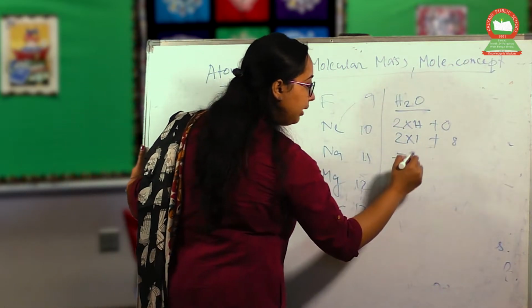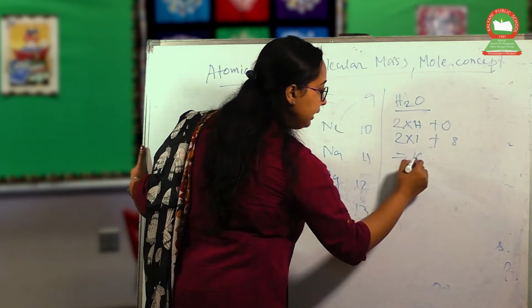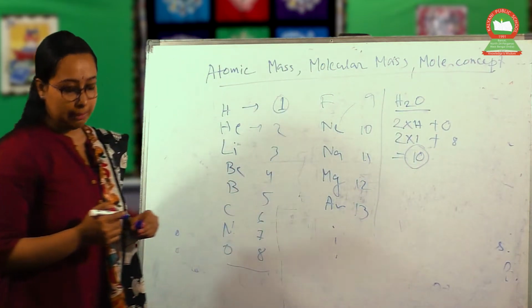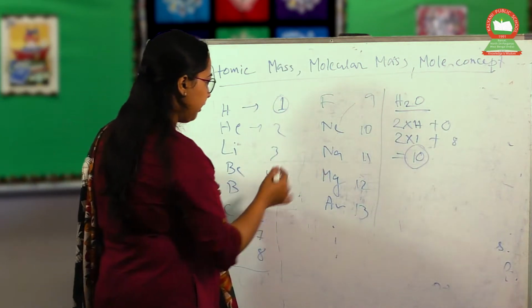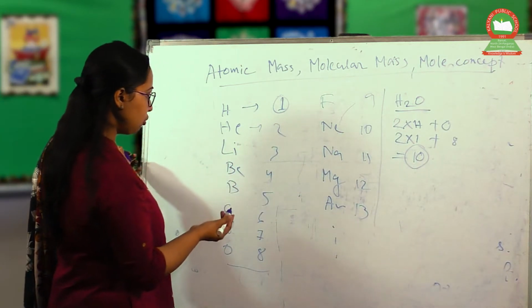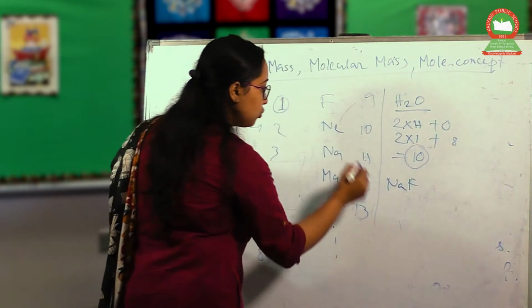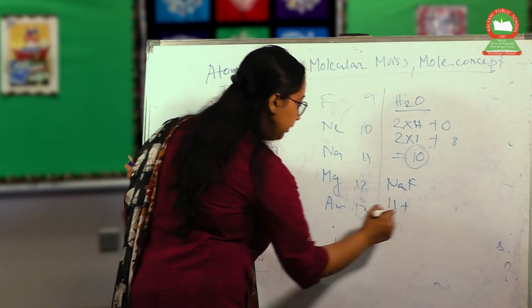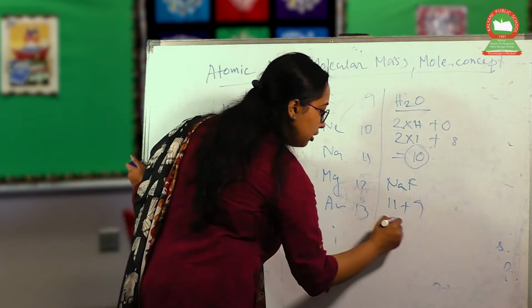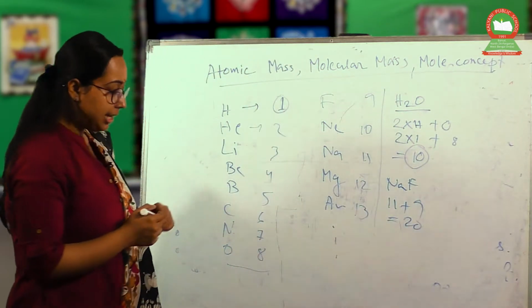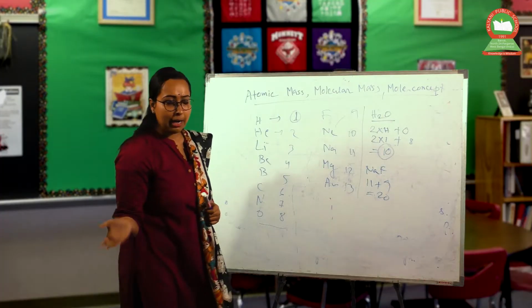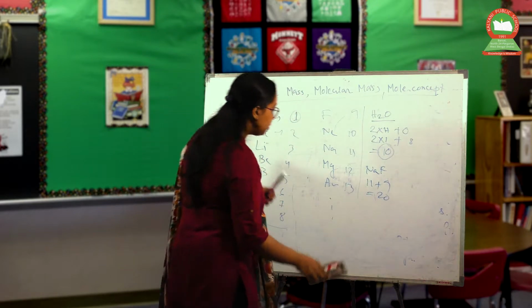So, 2 plus 8 will be 10. So, this is the molecular mass of H2O. Like this, if we take NaF, sodium fluoride, sodium has 11 and fluorine has 9, so it will be 20. Like this, we can easily calculate the molecular mass as well as atomic mass on the basis of this.